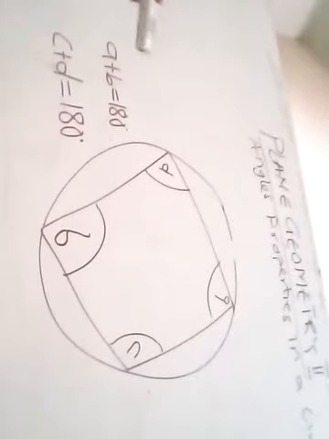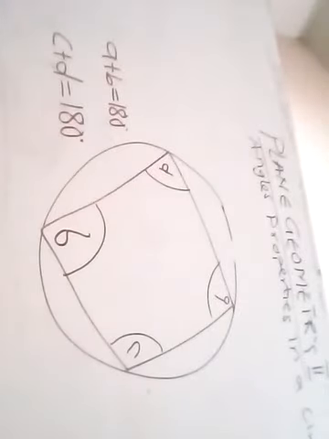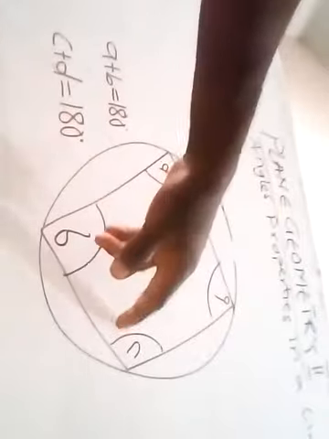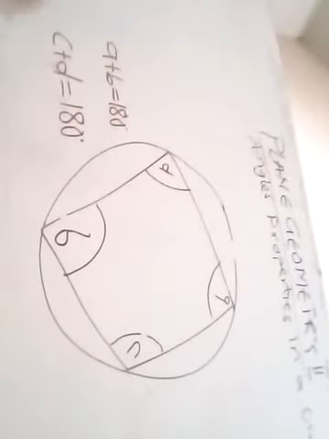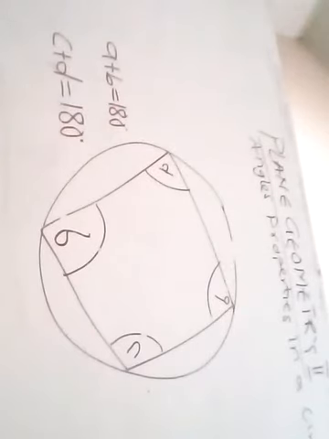That's why from the figure here, A and B is 180 degrees, and C plus D is 180 degrees. So property 8 is almost the same as property 3. If you look at it, opposite angles at the circumference of a circle are 180 degrees. This plus this is 180 degrees, D plus C is 180 degrees, and A plus B is 180 degrees.